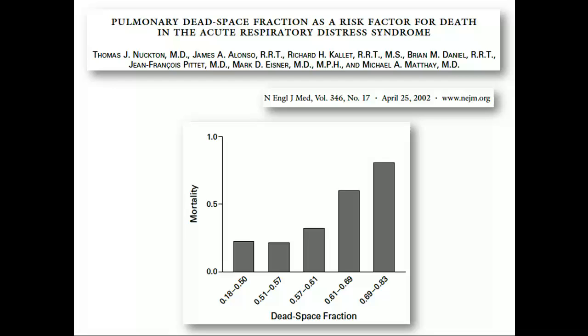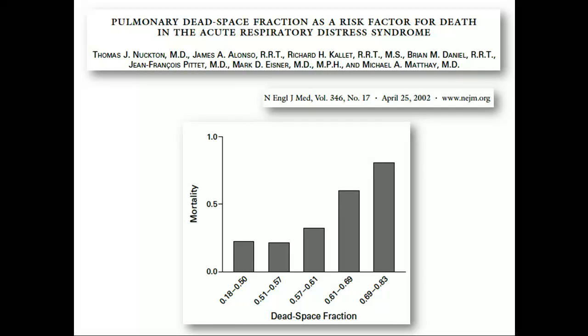This is a paper from 2002 by Nuckton and colleagues, which was published in the New England Journal. And they looked at dead space ventilation as a prognostic marker in ARDS. And as you can see from this graph, there is clearly a biological argument to show that a high dead space is associated with worsening prognosis.